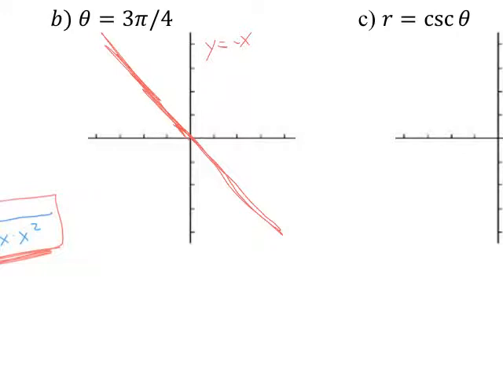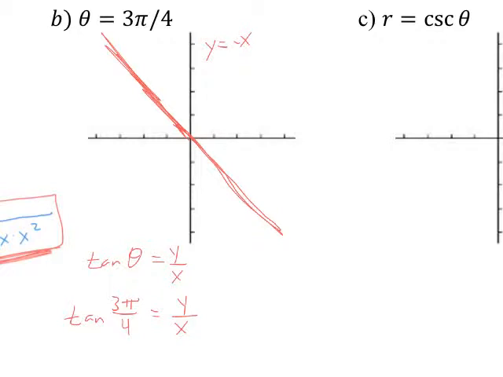We have a theta, and we do know that tangent of theta is equal to y over x. So tangent of 3 pi over 4 is equal to y over x.